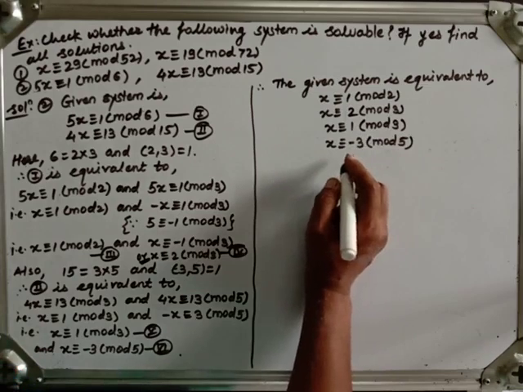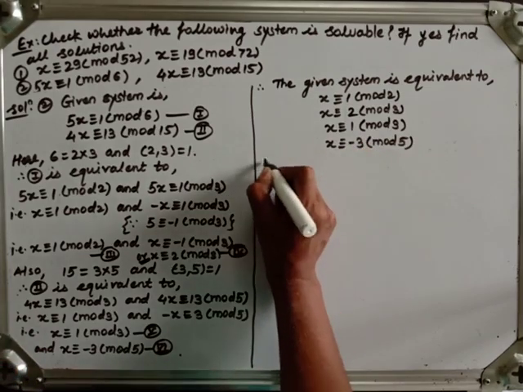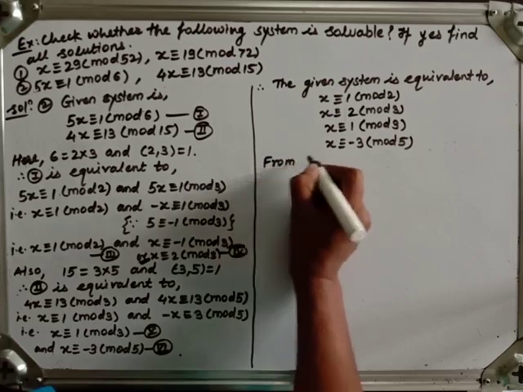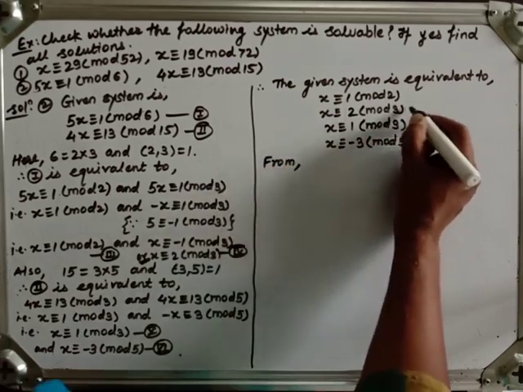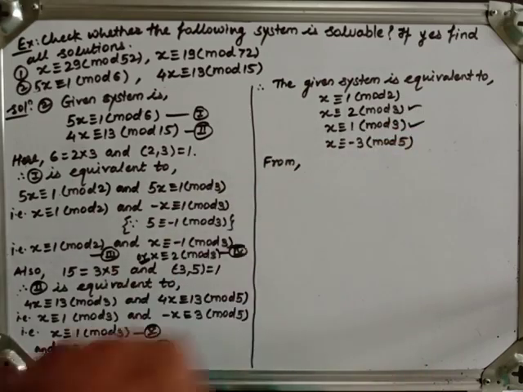So from these two, look here: modulo 3, the remainders are 1 and 2.